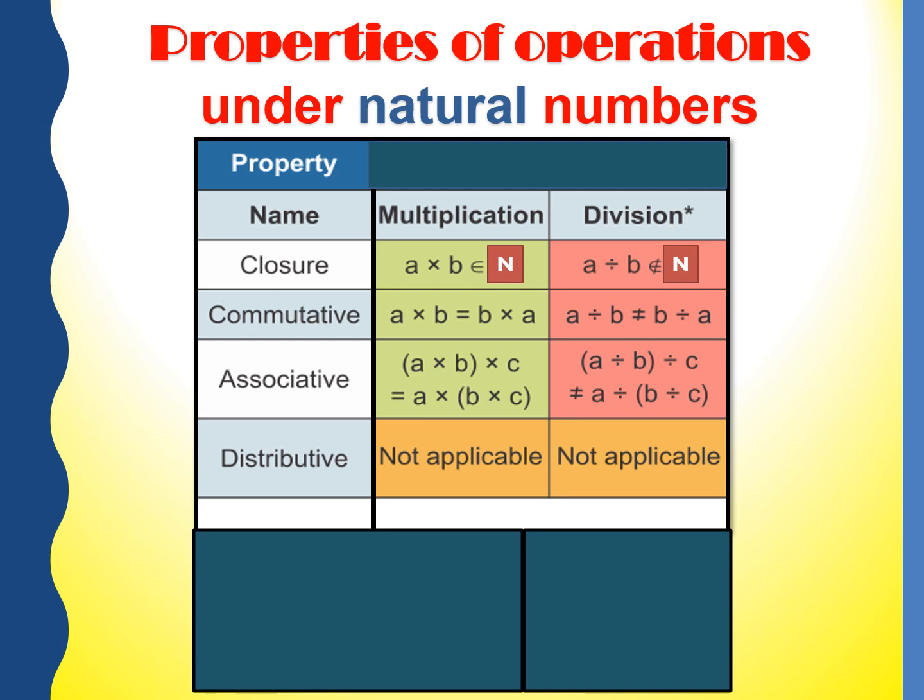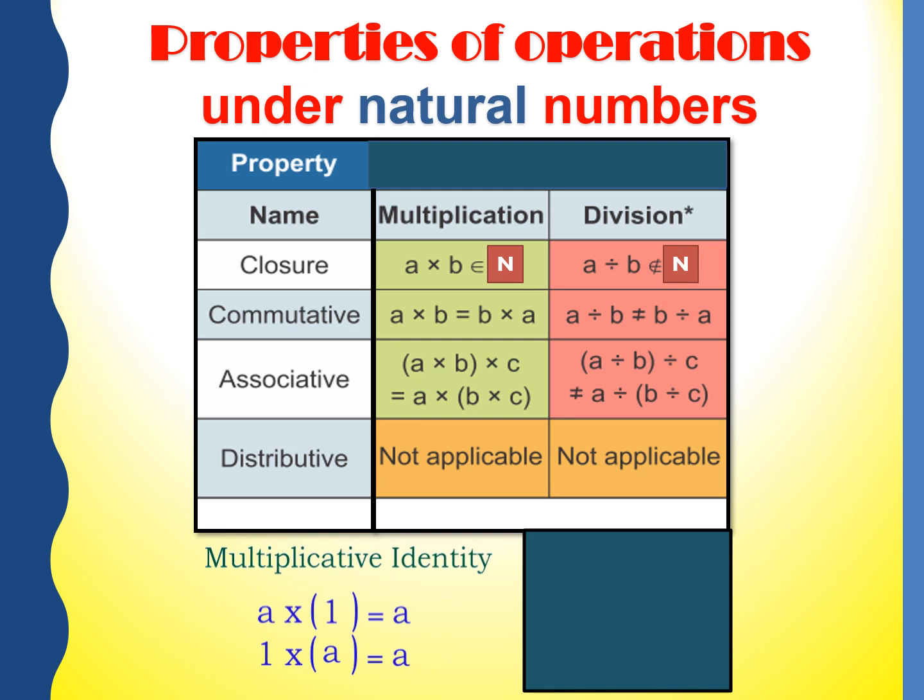The fourth one, which is distributive. Distributive, we can use it in multiplication, but we can't use it in division. The fifth one, which is multiplicative identity. As we know, the additive identity or the neutral element of addition is 0.